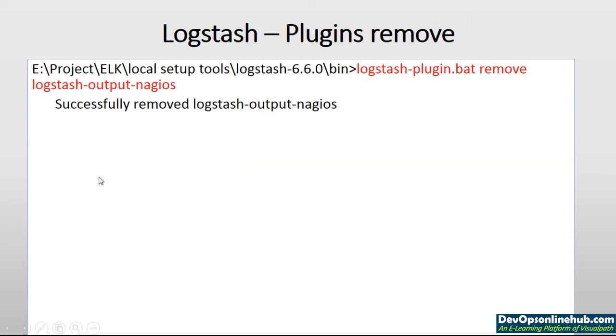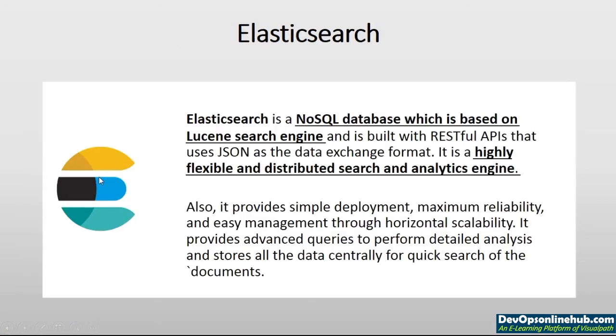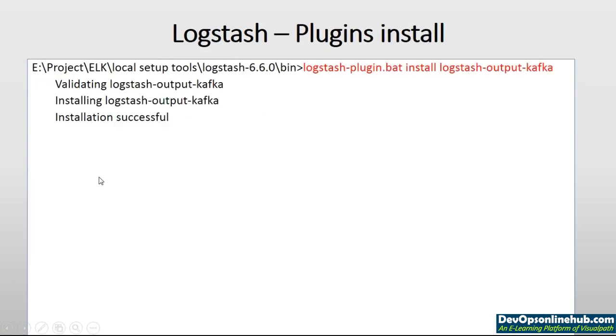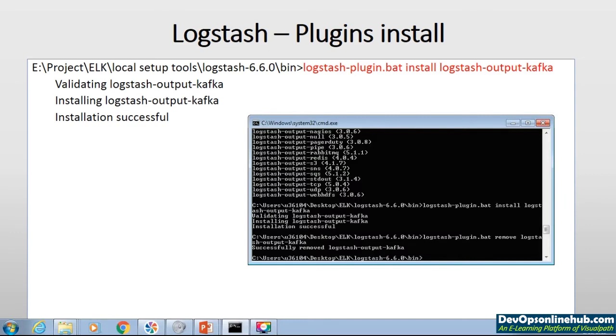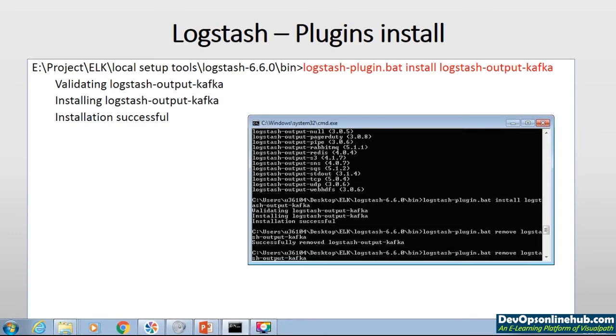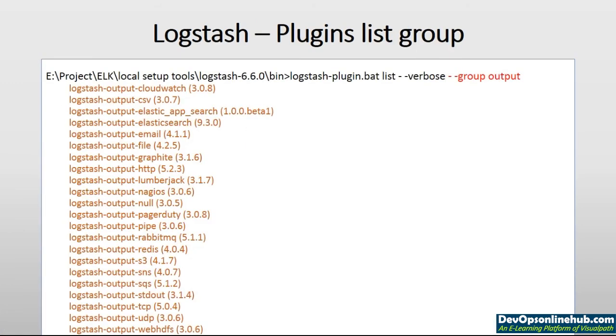The next command is update. If we want to update a particular plugin, it will try to update that plugin. For example, let's try to update a plugin from the given list. Say we want to update the Nagios plugin.